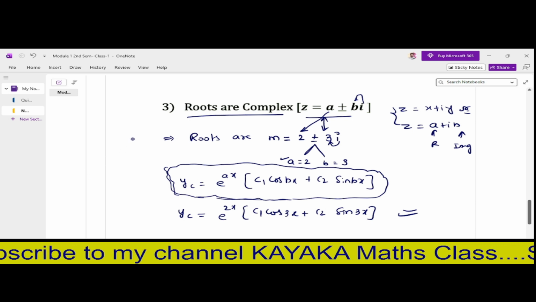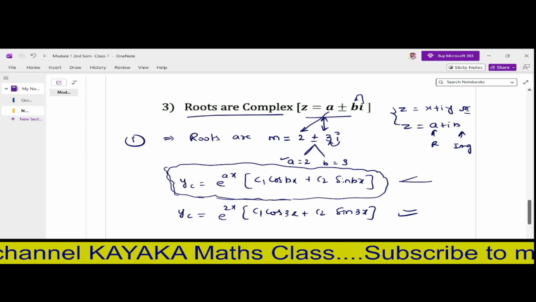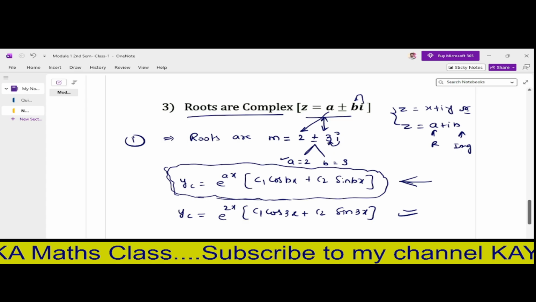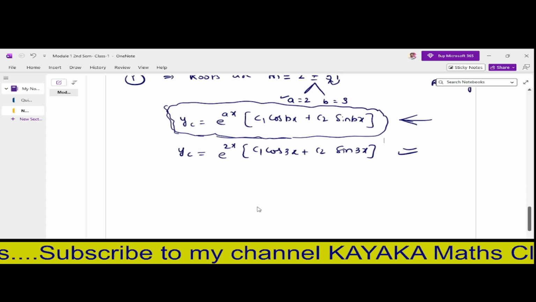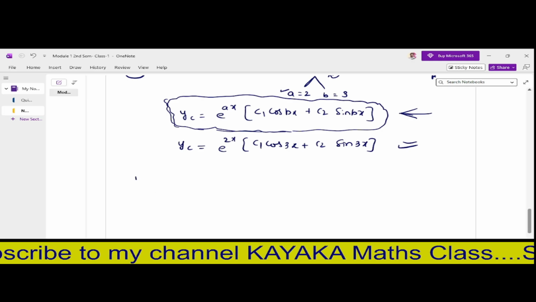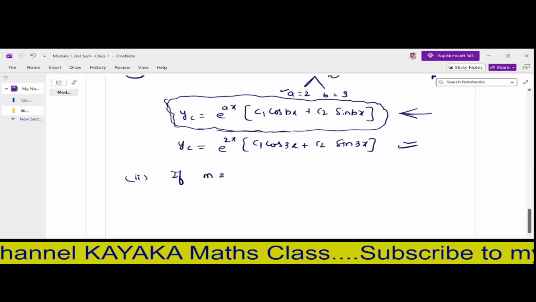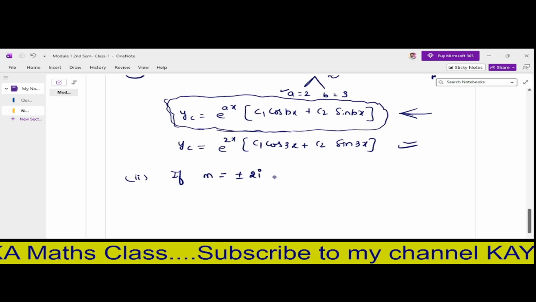So this is the first example for you, isn't it? Just remember this formula. This is very important, and just pick up a and b values from the root and substitute here. I'll give you one more example. If m, that is the obtained root, is plus or minus 2i, this is again a complex number.